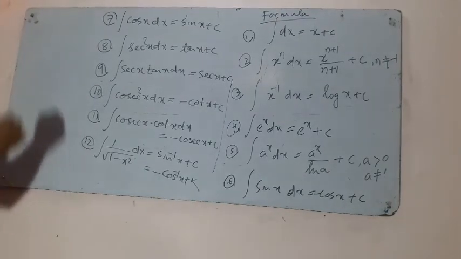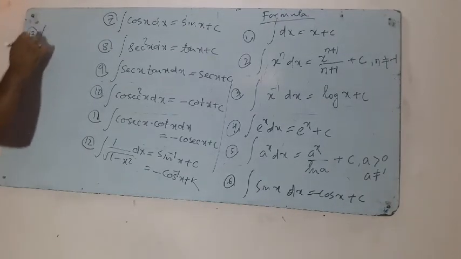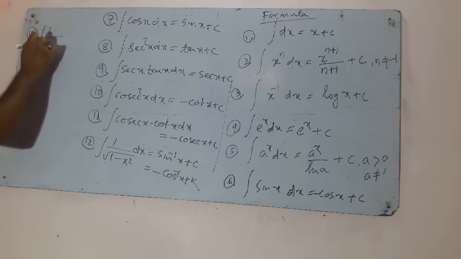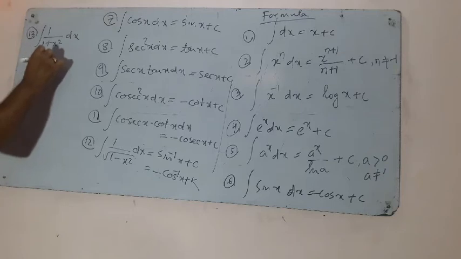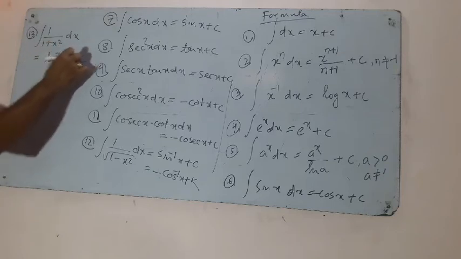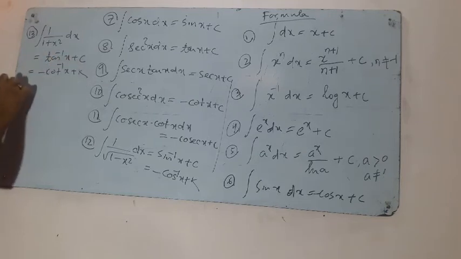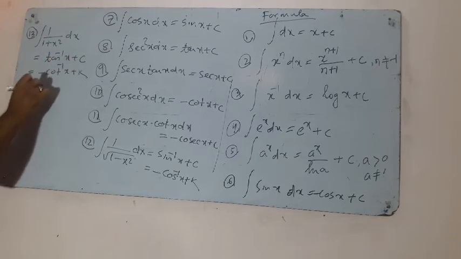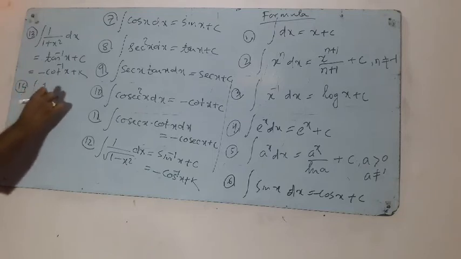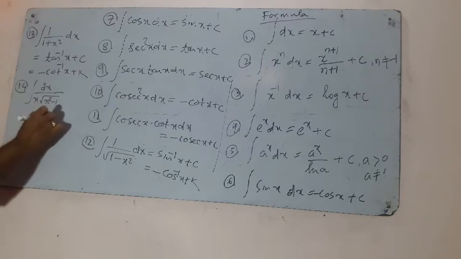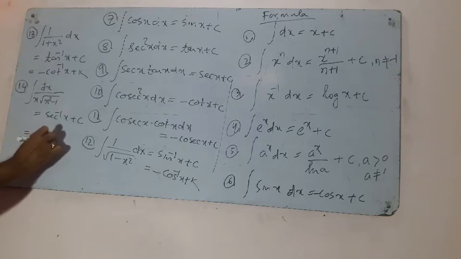Come to the 13th: integration of 1 by 1 plus x square is tan inverse x plus c, or you can write minus cot inverse x plus k. The 14th: integration of 1 by x into root over of x square minus 1 into dx is equal to sec inverse x plus c, or you can write minus cosec inverse x plus the constant k.